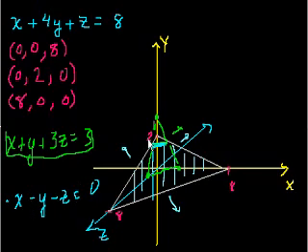This plane is going to intersect the line that is the intersection of this and this plane in exactly 1 point. So that's just a long-winded way of saying that 3 planes that aren't the same plane and that aren't parallel to each other will intersect in exactly 1 point.